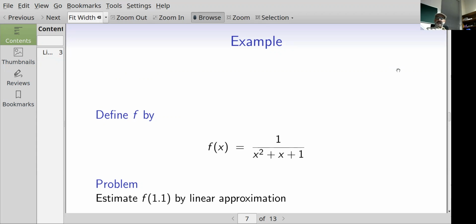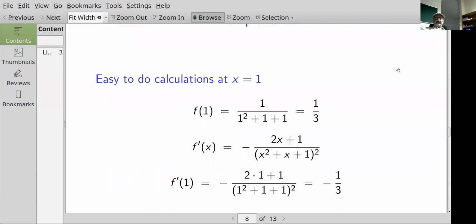Finding f of 1 and finding the derivative of f at 1 will be simple. Those will just be rational numbers. And then I can find a linear approximation near 1, and I can use that to approximate f at 1.1.